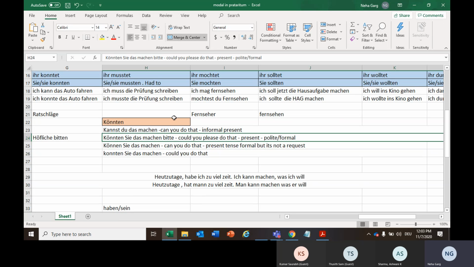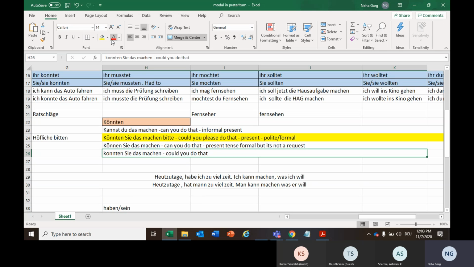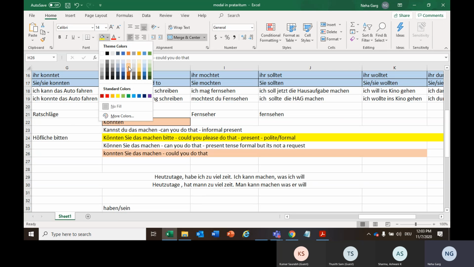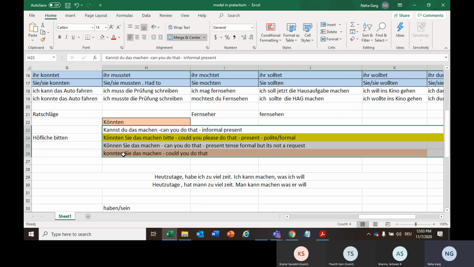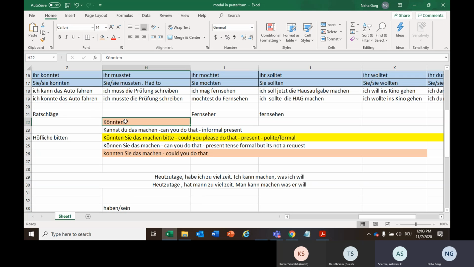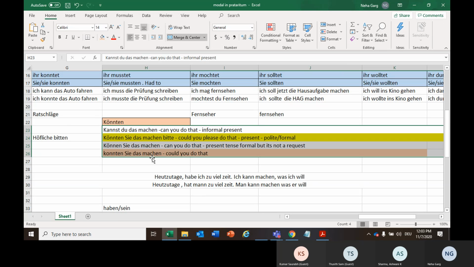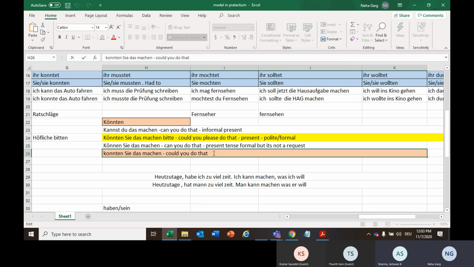But here it means a request, but here this is about ability. So that's how we differentiate this können word. Können, konnten and könnten. Any doubt with this? That is clear. But just please write in front of the last sentence: this is for past ability in past.